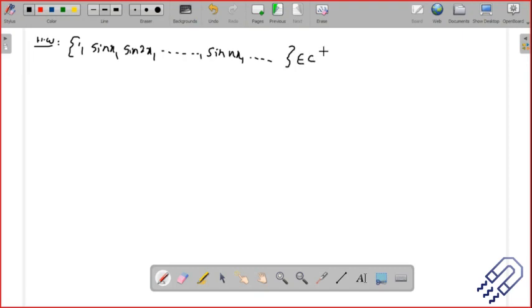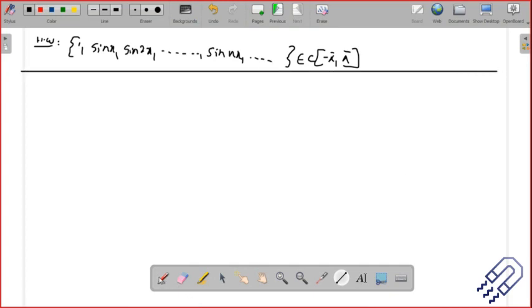This is also a trigonometric set. I'll keep it from minus pi to plus pi. You can check whether it is orthogonal or not. You can check these kinds of problems, which might be something similar.